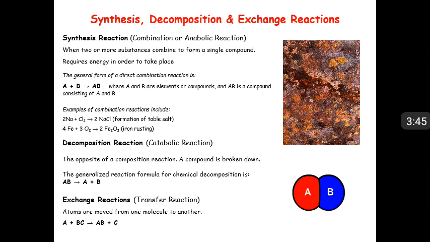Atoms are moved from one molecule to another. Here example is A plus BC will form AB plus C. Here exchange occurs between these two compounds, that is BC disintegrates and it will combine with A and form AB plus C.